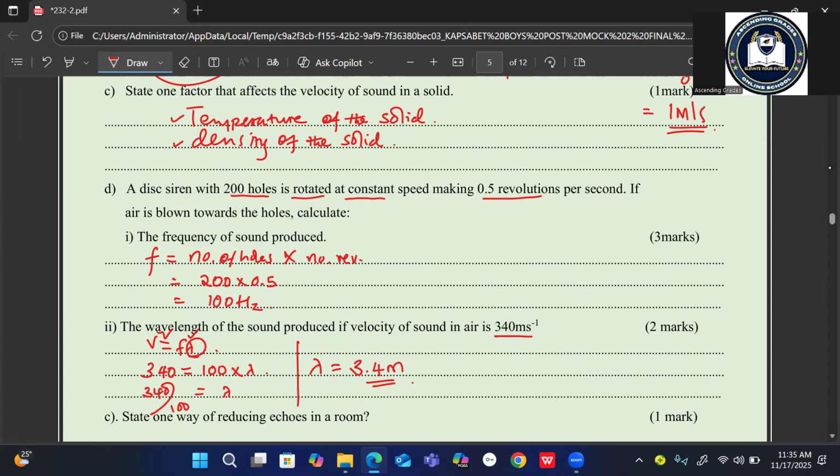And therefore, you can do several things: cover the seats, cover the walls, cover the floor and the ceiling with soft sound absorbing materials.